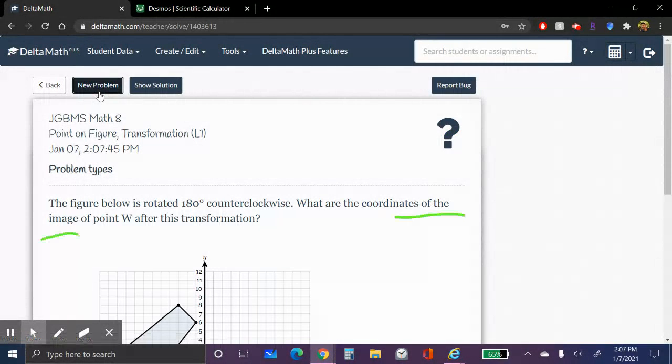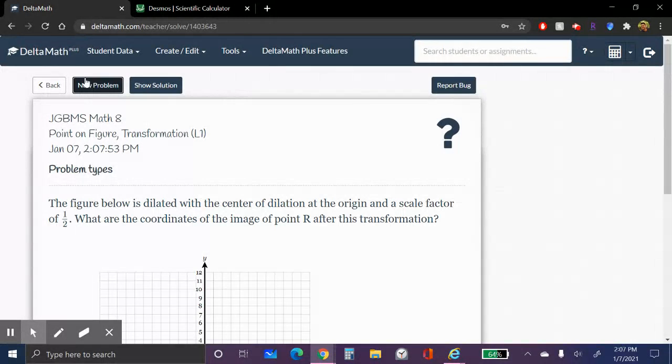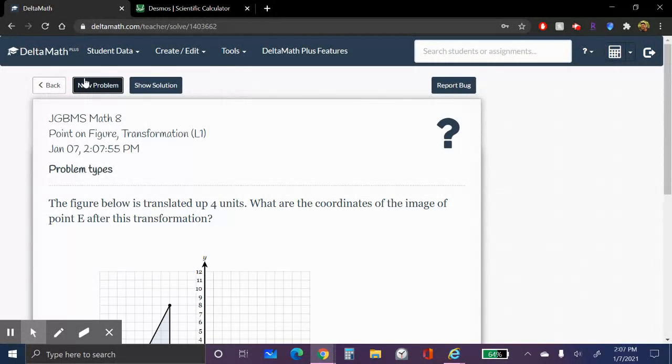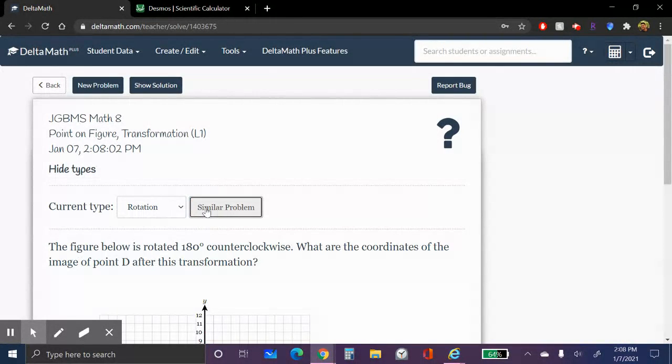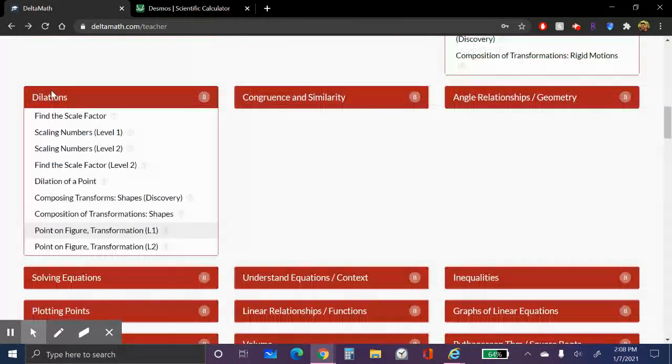Let me see if there's any others before we move on. I want to do another type of rotation. This is just 180 degrees. Okay. Let's try maybe a little bit harder.